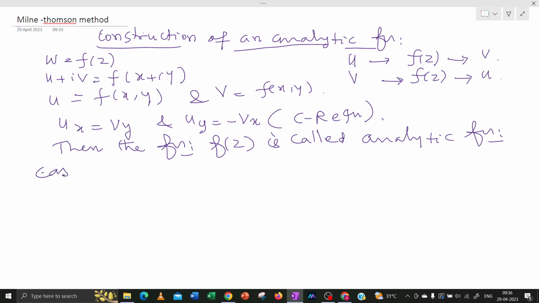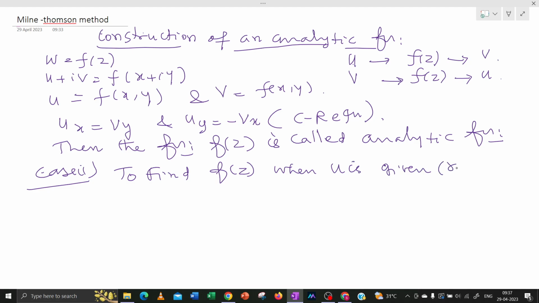First, case 1. In case u is given, only the real part is given. So to find f of z when u is given, that means only the real part is given.